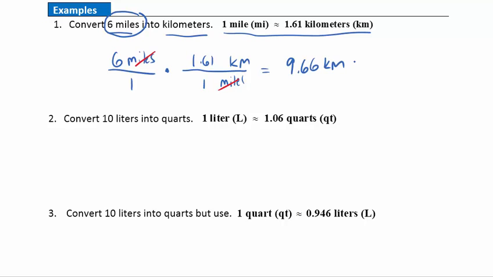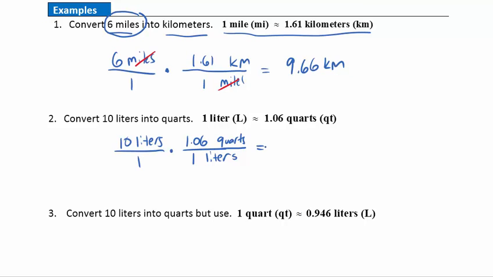Example 2. Convert 10 liters into quarts. I'll write 10 liters over 1 times, and I want to make sure I put liters down here in the denominator and quarts up here in the numerator. My conversion is 1 liter equals 1.06 quarts.